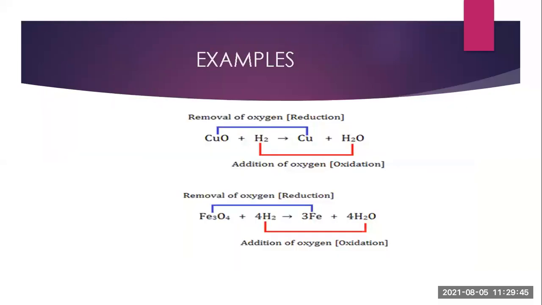Now, if we go through this example, you can see the first example, CuO plus H2. Now what happens here? CuO will lose oxygen. So here, as CuO is losing the oxygen, it is getting reduced, because loss of oxygen is taking place in this compound.